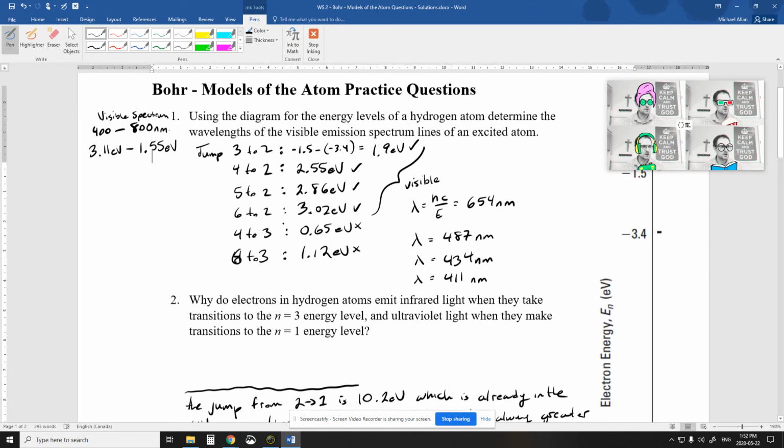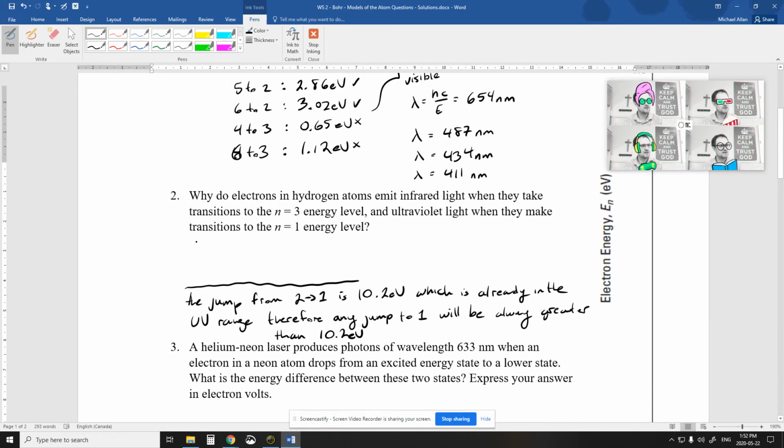and you jump down to level 3, since the largest jump, which is 6 to 3, is only 1.12 electron volts.